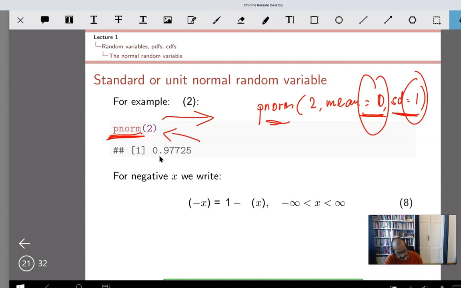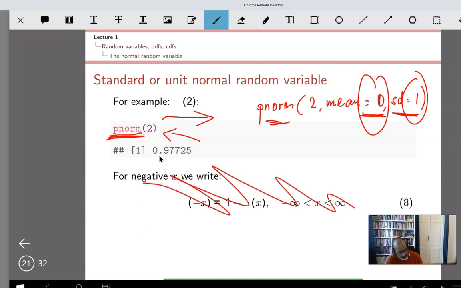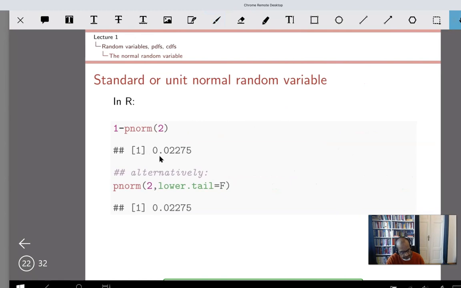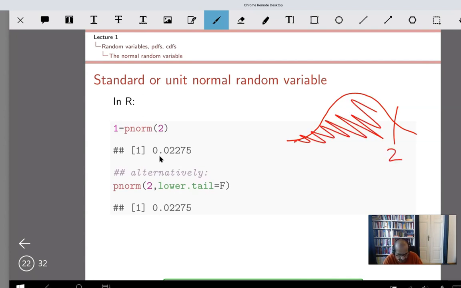So now notice that if I have a standard normal random variable and I ask a question like what is the probability of observing 2 or something less than that, that's this area under the curve here, right? But I also told you earlier that the total area under the curve is 1, right?